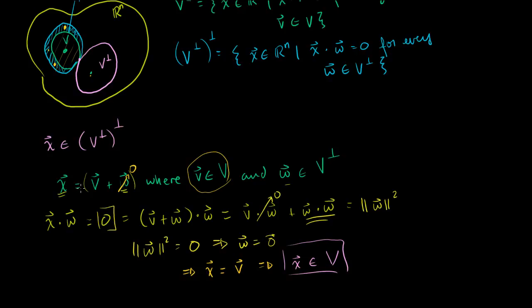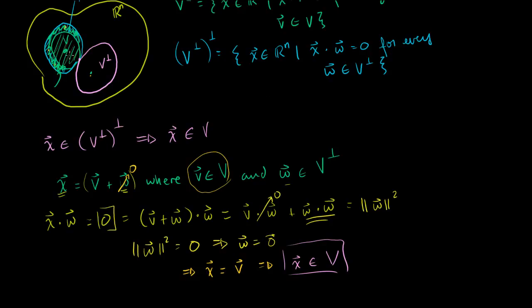So what we just showed is that if something is a member of the orthogonal complement of the orthogonal complement, then that same vector has to be a member of the original subspace. So there is no such thing as something being in the orthogonal complement of the orthogonal complement and not being a member of our original subspace. All of this has to be inside of this right there. So there is no outside blue space like that. All of that is our original subspace, if you want to view it that way.